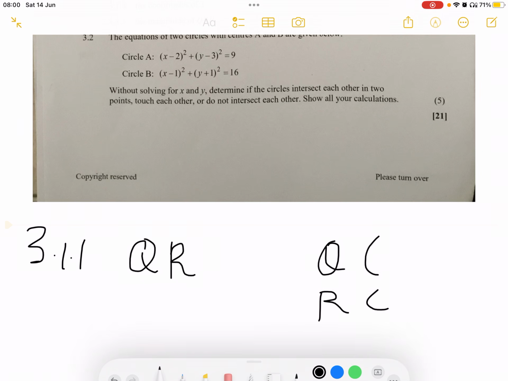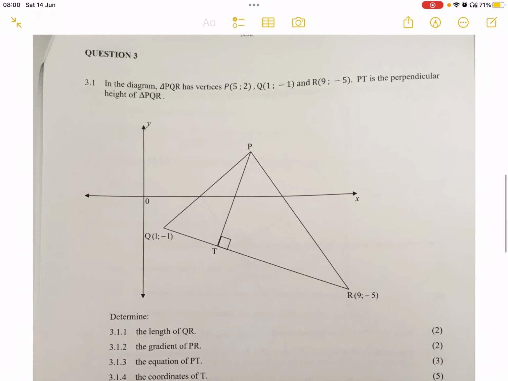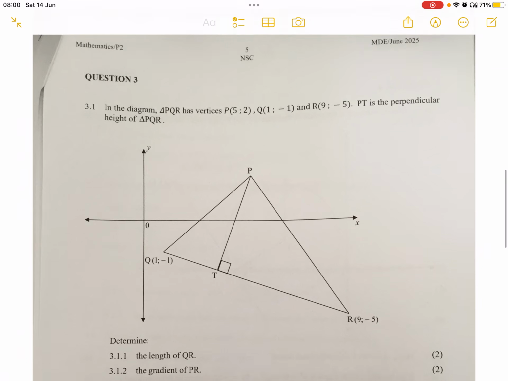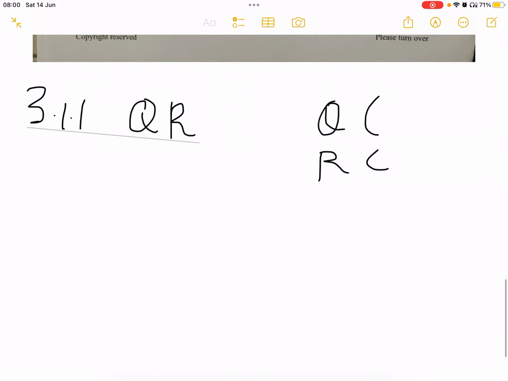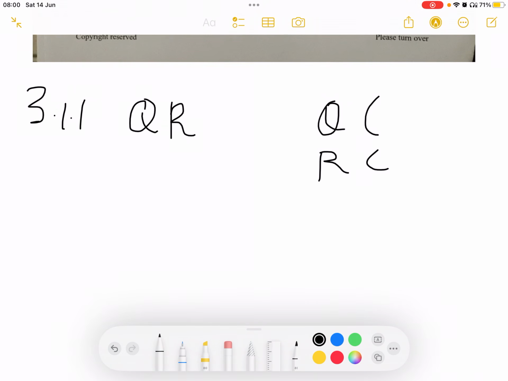If we go back to the question, you can see Q is (1; -1) and R is (9; -5). So simply plug them in as (1; -1) and (9; -5).